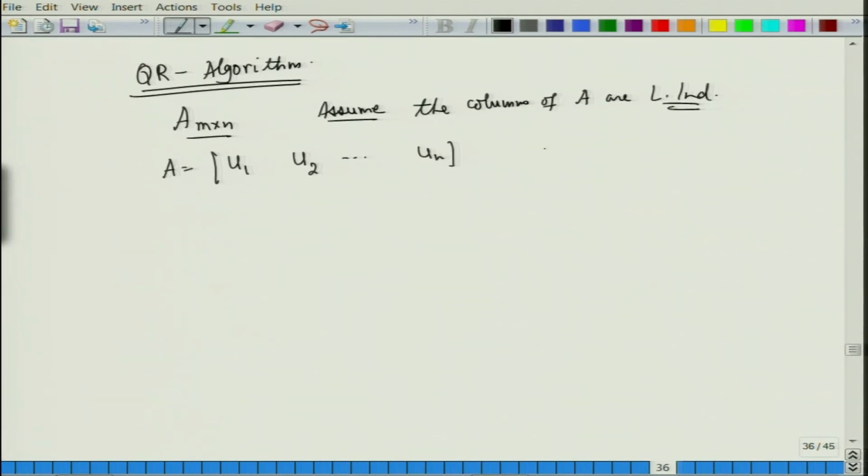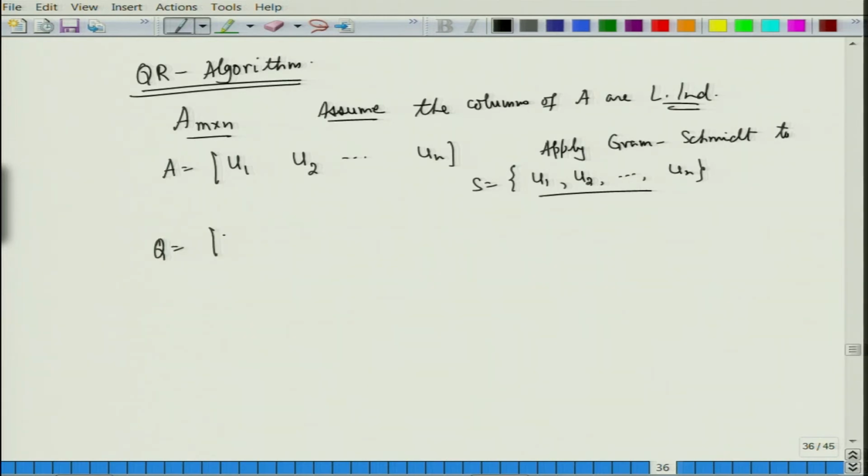I can apply Gram-Schmidt to S, which is U1, U2, up to Un. If I do this, what happens? This will give me a set of vectors. So I will get a matrix Q which will be W1, W2, up to Wn, all right.